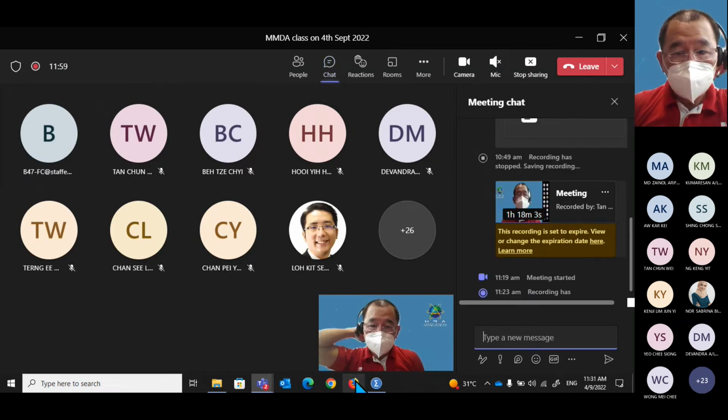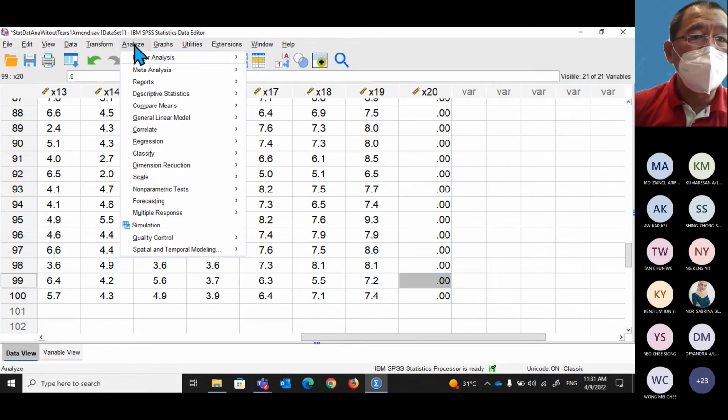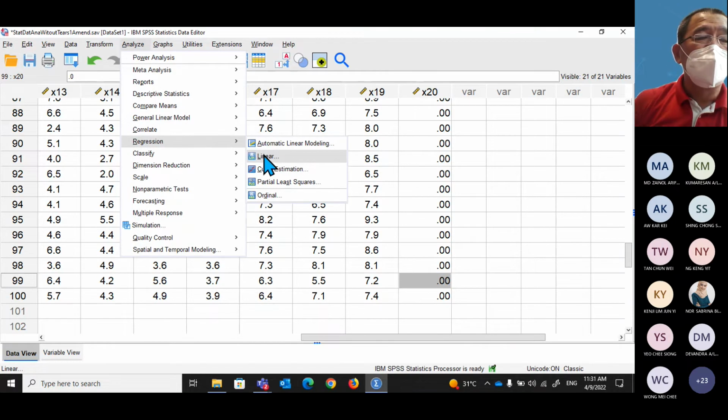So now we continue. We have done the dummy, so we can do the testing. Analyze, Regression, Linear.